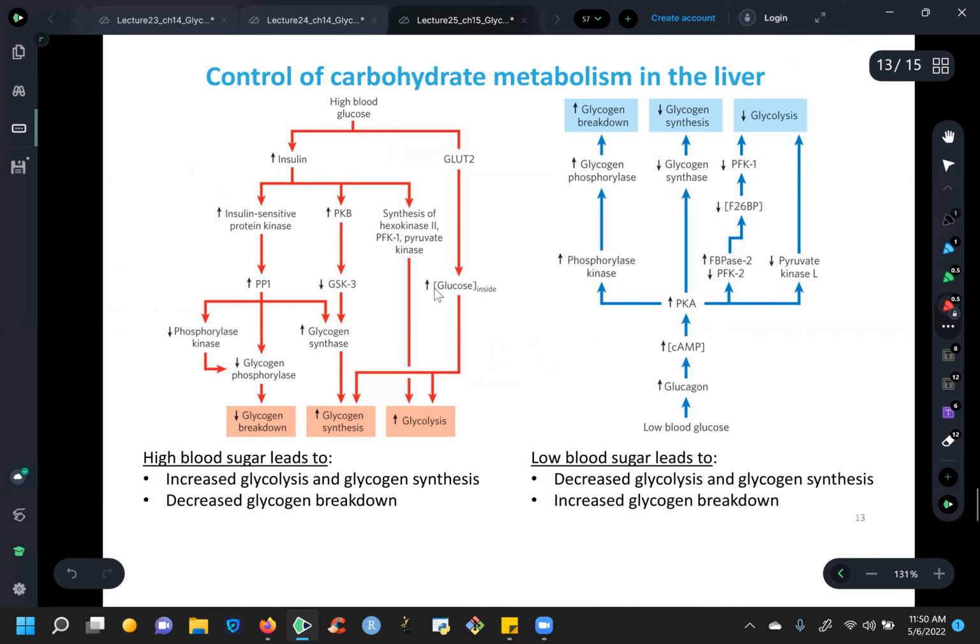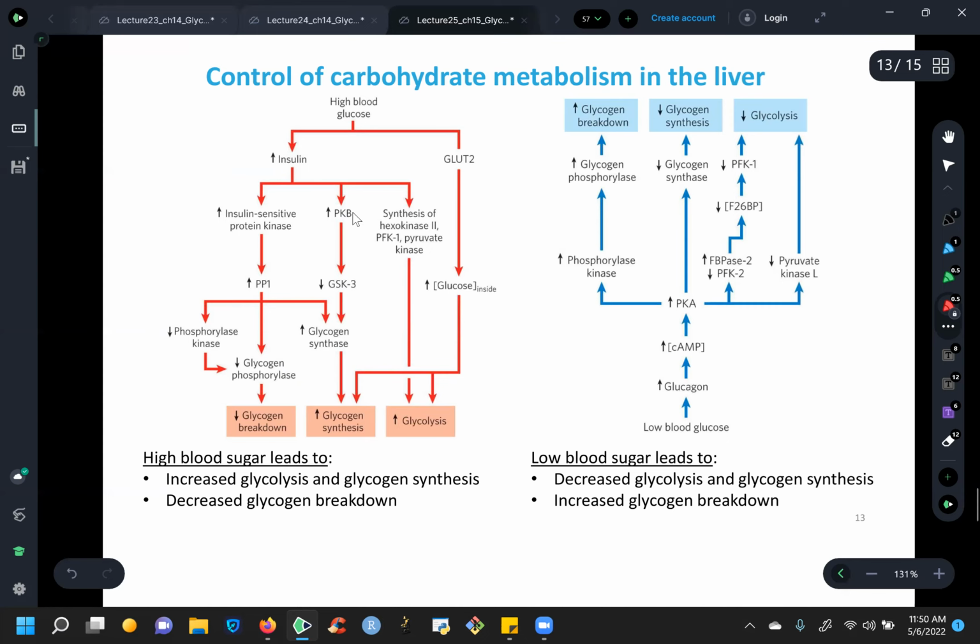So you can increase the amount of glucose that you take into the cells because you want to get it out of your capillaries. And then this will lead to glycolysis. And then over here, the synthesis of these molecules, these are the transcription regulation. So you're increasing the transcription of all the enzymes that you're going to need for glycolysis.